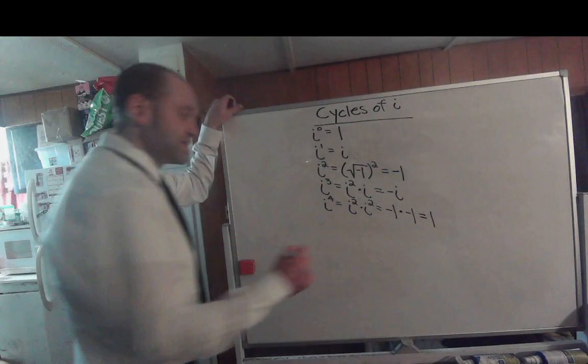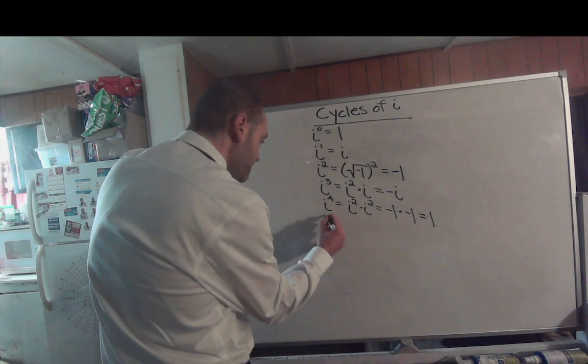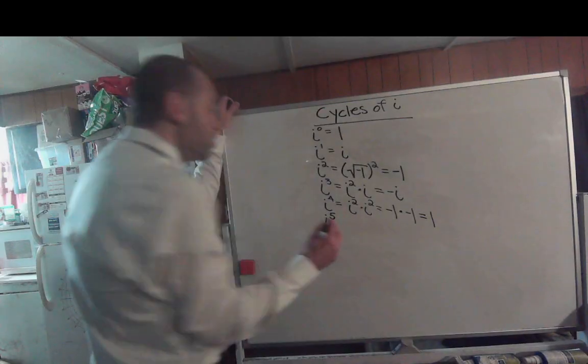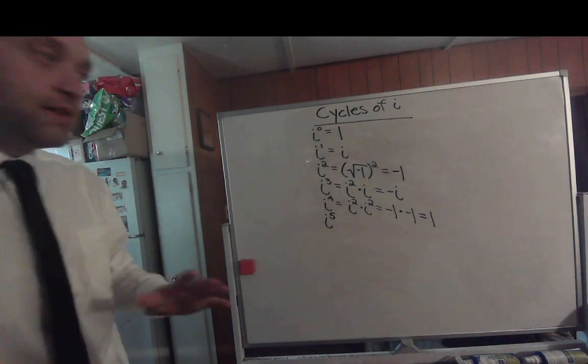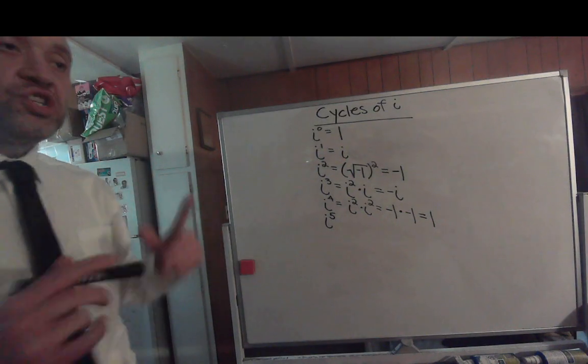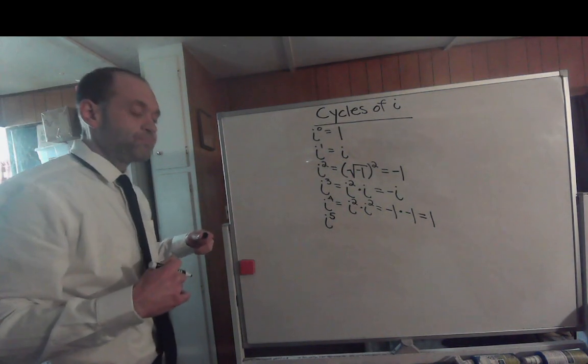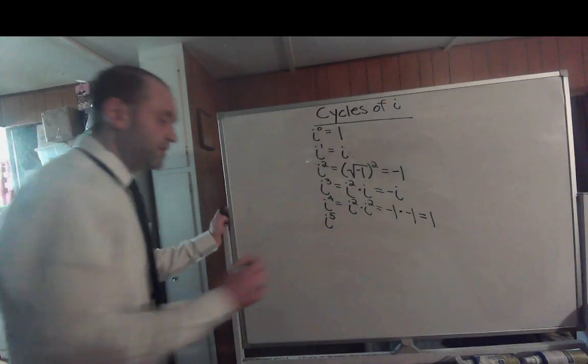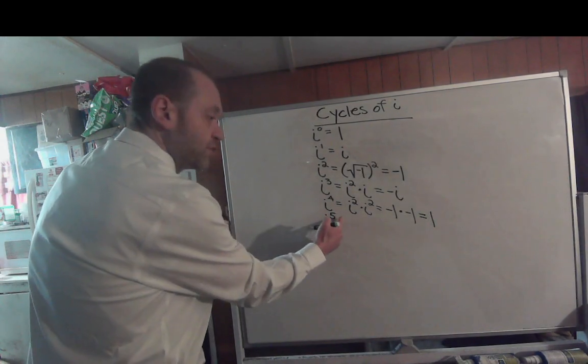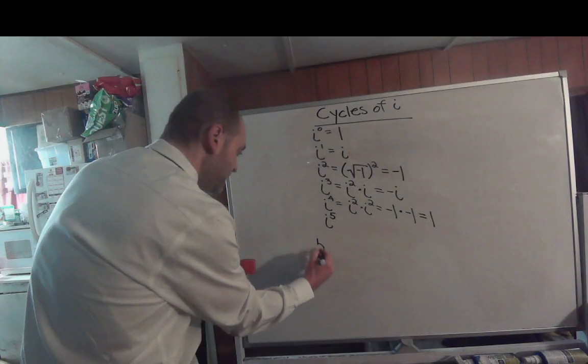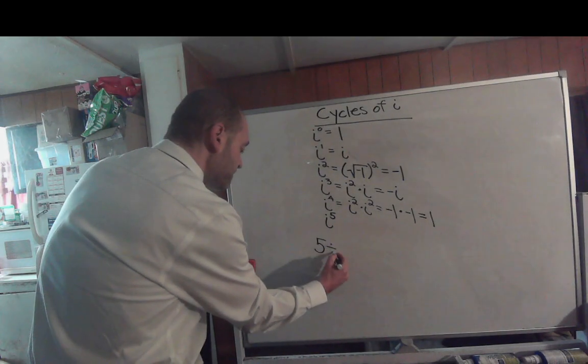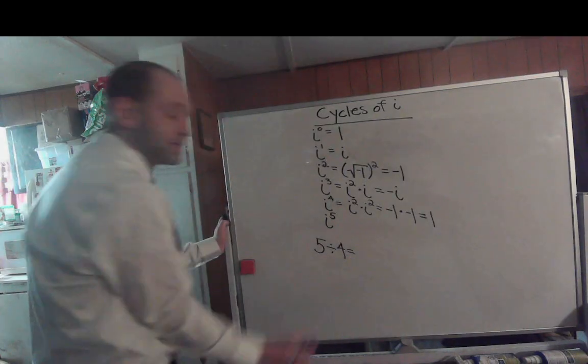Now, what if we decided to do i to the fifth? Once you get above 4, what you have to do is take whatever number that is, so take 5, divide it by 4, what do you get?